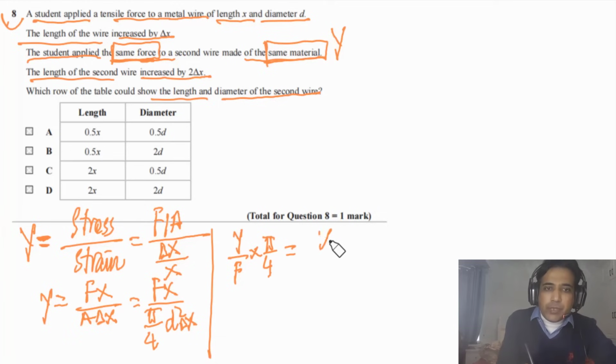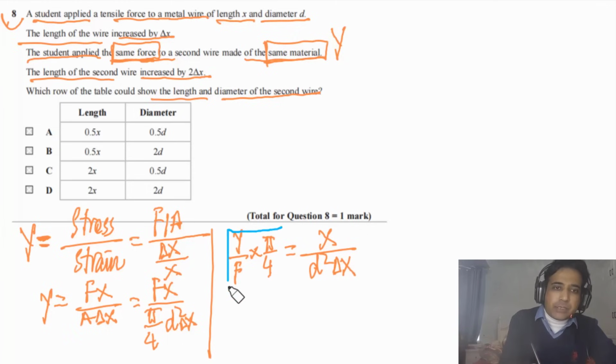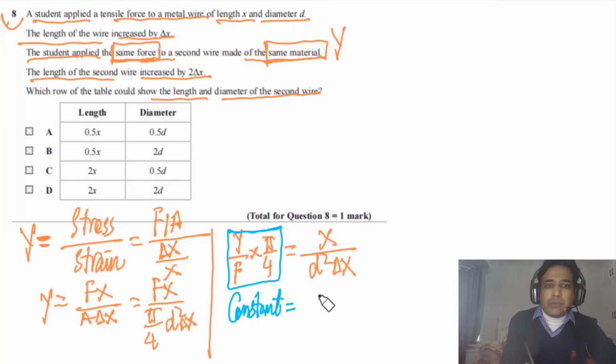This will be equal to x divided by d square times delta x. But if you look at the left side, these quantities are constant. So simply we can say this will be equal to constant, so here we have x over d square, and here delta x.